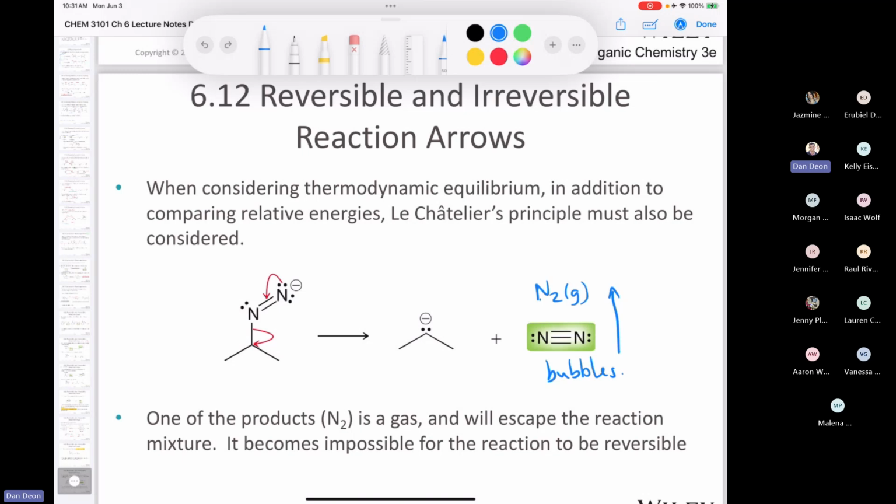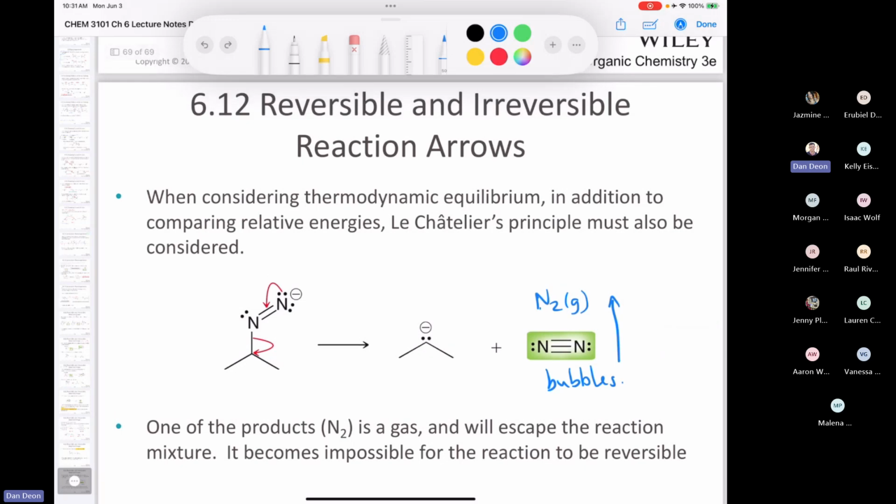However, I am your teacher, so I'll tell you that when it comes to reversible and irreversible reaction arrows in Chemistry 3101, or even in 3111, it's usually not something I give my students a hard time about. The main thing I want you to know is nucleophilic attack, proton transfer, loss of leaving group, and rearrangement.